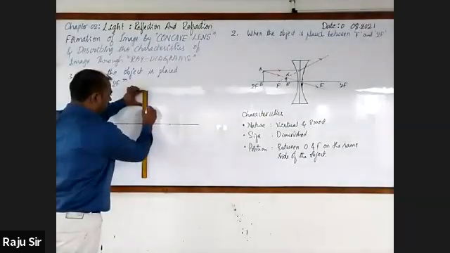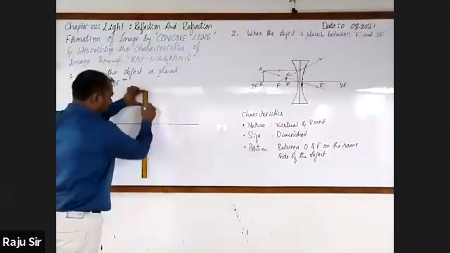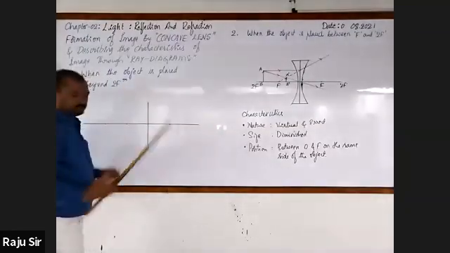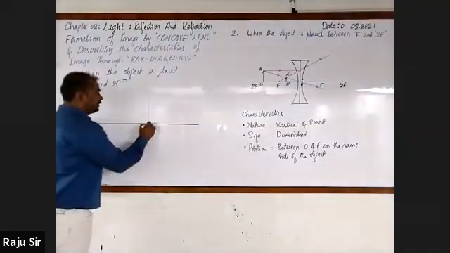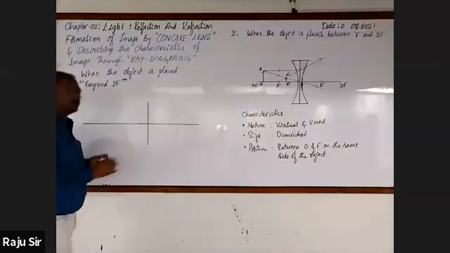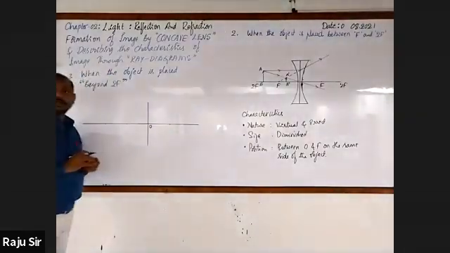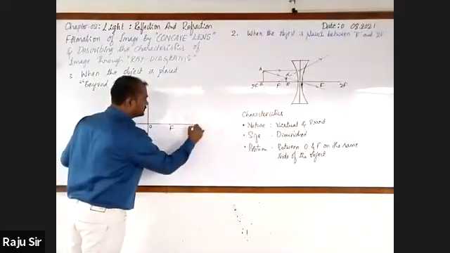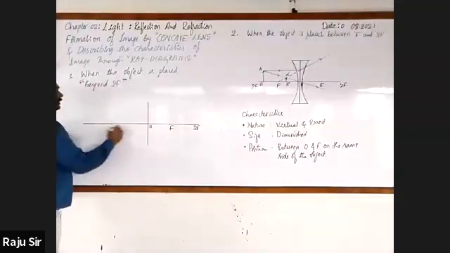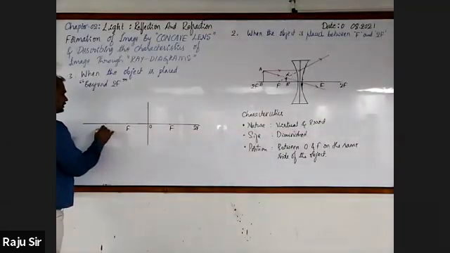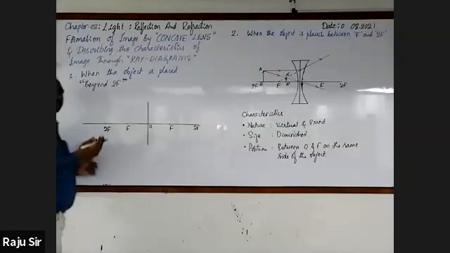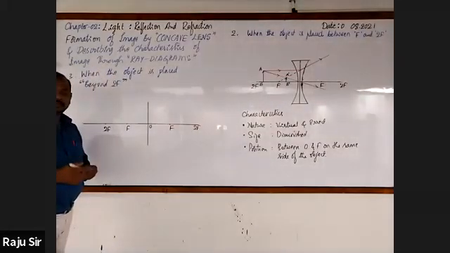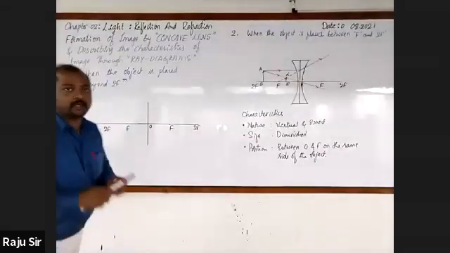Draw a perpendicular line. Let this height be 4 centimeters, 2 centimeters above the principal axis, 2 centimeters below the principal axis. Mark optical center, first principal focus, second principal focus. Then on the other side also, first principal focus, second principal focus, and even third, fourth, fifth, and so on. Let us draw the concave lens.